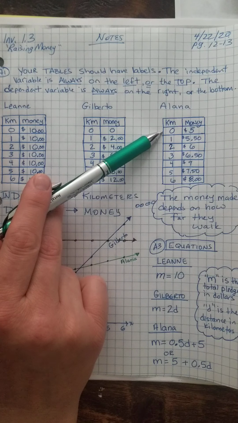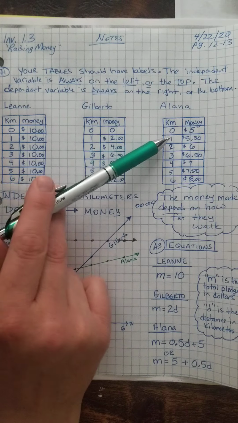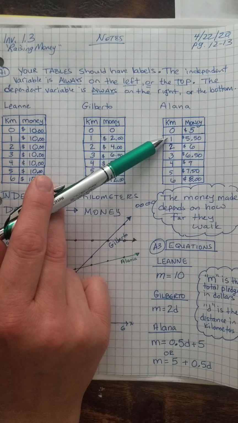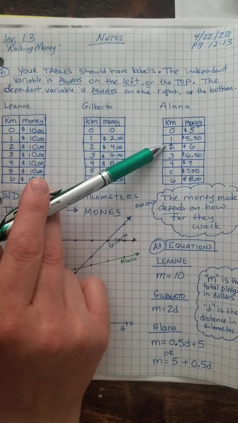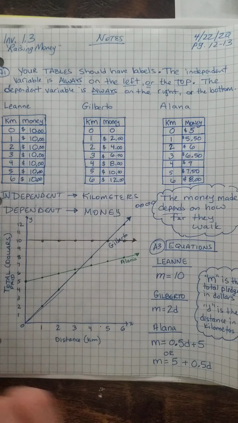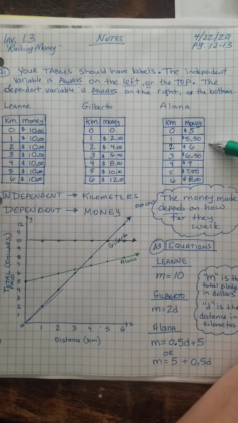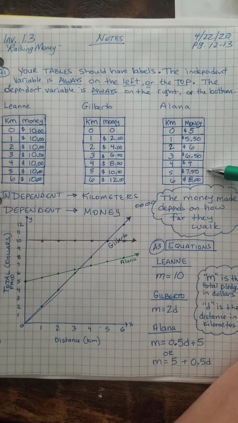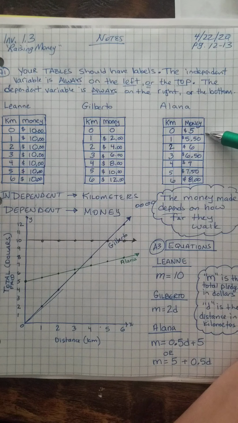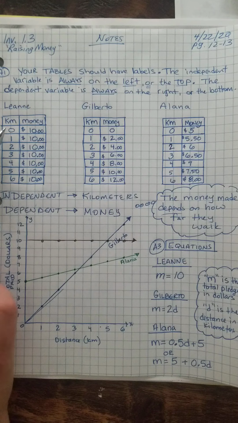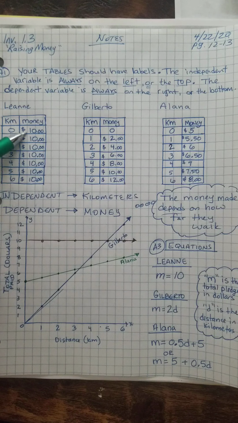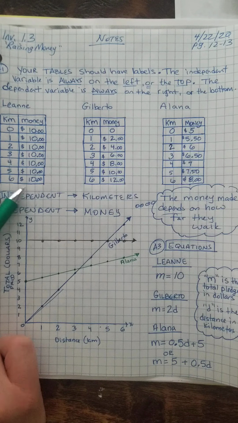So she starts at 0 with $5, and then you add on the first kilometer, 50 cents, the second kilometer, 50 cents, the third kilometer, 50 cents, but it's being added to that $5, okay? If you look at Leanne's, she's $10 all the way down. She gets that flat amount of $10, but it just stays $10 the whole entire time.